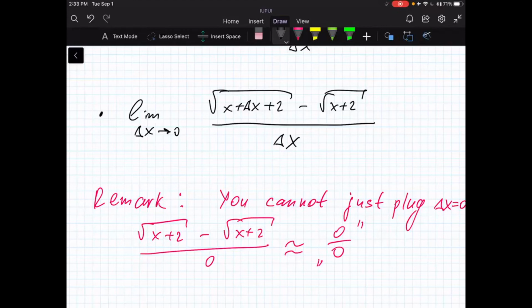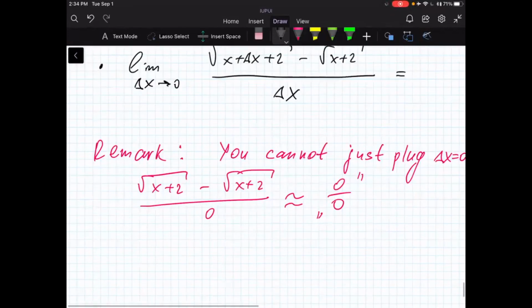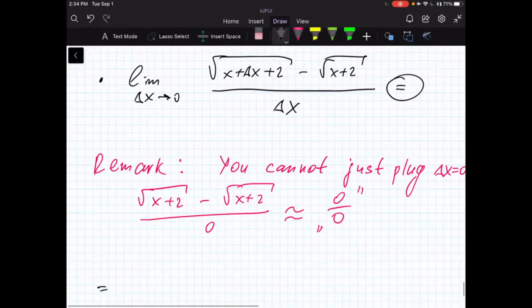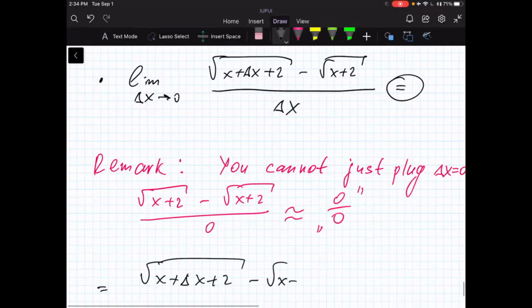And one of the tricks was to multiply by the conjugate expression. So I want to get rid of irrationality, so I multiply and divide by the following function: square root of x plus delta x plus 2 plus square root of x plus 2.